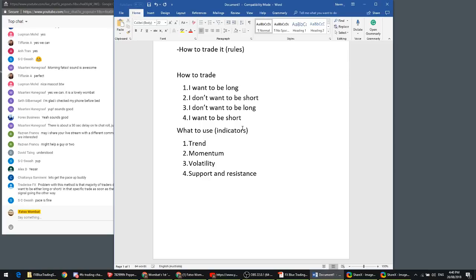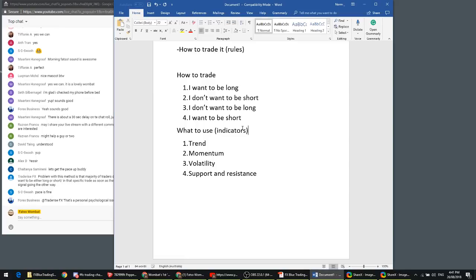So what we want to do is grab an indicator from each of these particular types, or indicators that describe each of these market peculiarities. So we want trend, because that will tell us the direction of the market. We want momentum, because that will tell us the state of the market, or how much energy it's got and in which direction that energy is going.